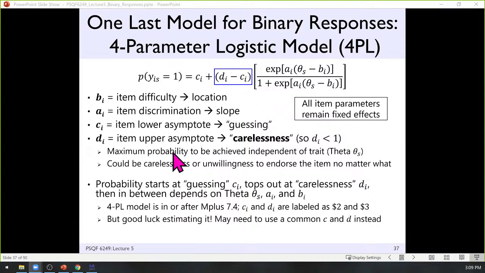And the idea is that you can think of this as either carelessness, like you're not guaranteed to get it right no matter how high your theta is because there's some human element, or you can think of it as people wising up to the test. So let's say that you're trying to measure a trait, something like psychopathy, and you have an item that's like, I plan to go and kill someone tomorrow.